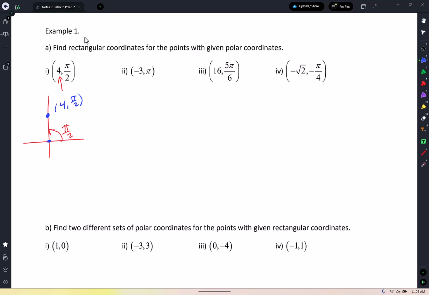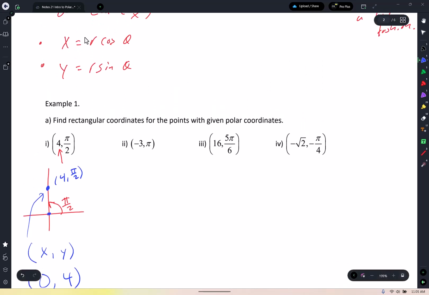Use your intuition. What does your intuition tell you about that point in rectangular form, in xy form? What's your x value? 0. What's your y value? There it is. See? We didn't use any formulas. Child, I want to use my formulas.